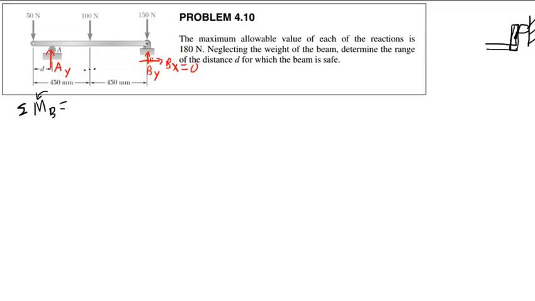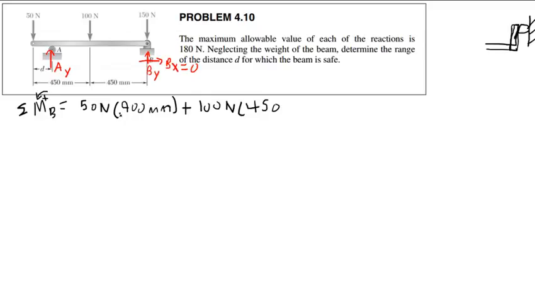I'm going to say the sum of moments about B is equal to, counterclockwise positive here, 50 newtons times a distance of 900 millimeters, minus 100 newtons times a distance of 450 millimeters. Oh, thank you, sorry. The 100 newtons should be a plus, yes.